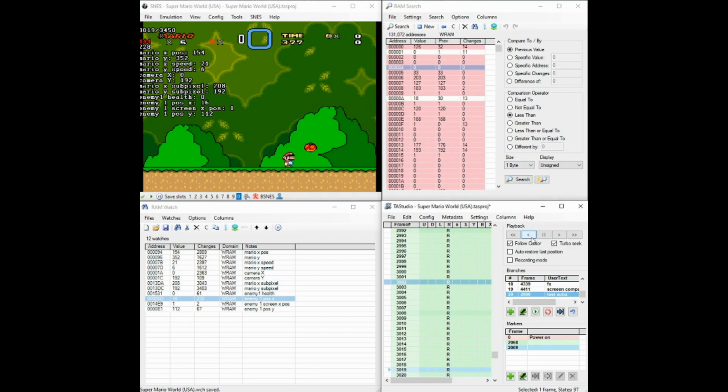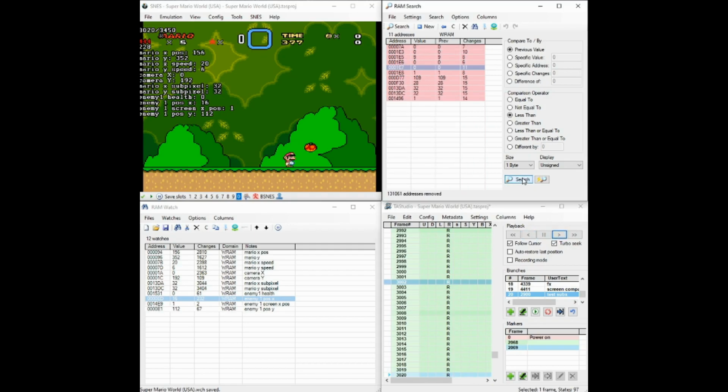Okay, there it goes. So we have some values here, a pretty small list actually. Now let us see if we can find anything that behaves like a subpixel value, where it's jumping around in fairly large jumps.